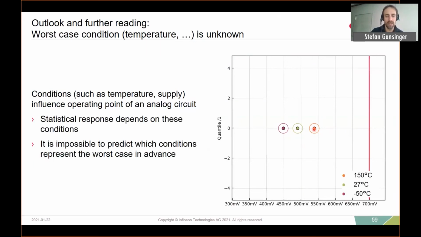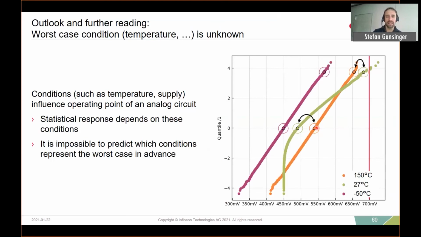So let's see how this behaves. But what can happen, and I did now simulate all 3 temperatures, is that for cold and for hot, the circuit has a nice normal distribution and it behaves quite nicely. But at room temperature, there seems to be a problem. So there is a tail. This results in the room temperature being much closer to the limit compared to the hot temperature.